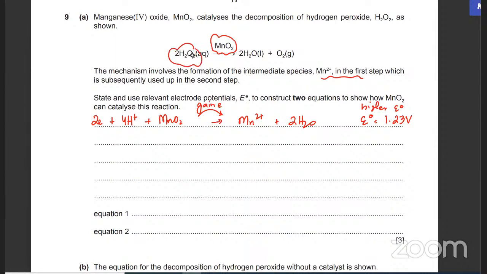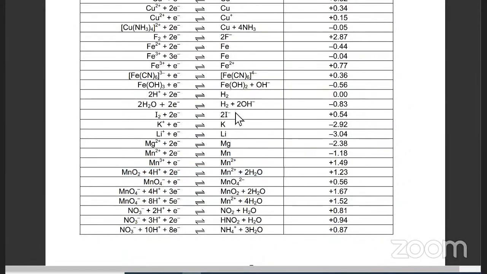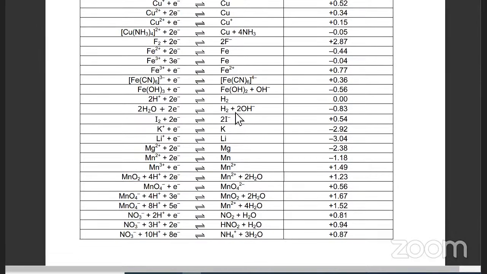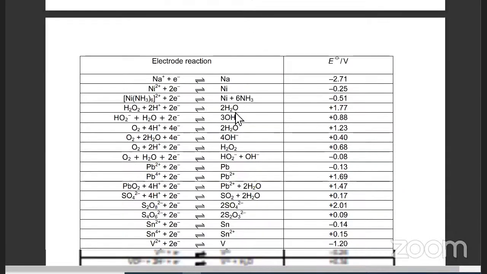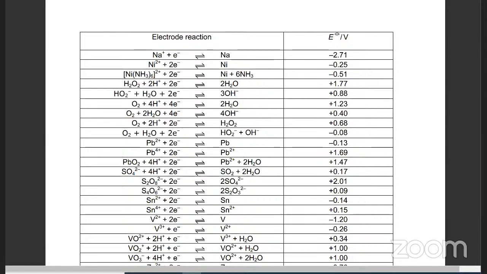So if MnO2 is the one that's gaining electrons, according to their first step, then H2O2 must be the one that loses electrons. So I'm going to look for an equation where H2O2 loses electrons. H2O2 must be on the right side. It must be the lower potential for it to lose electrons. So I found one, which is this one, H2O2 losing electrons, that's 0.68.